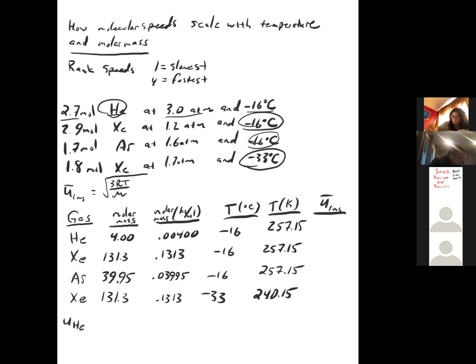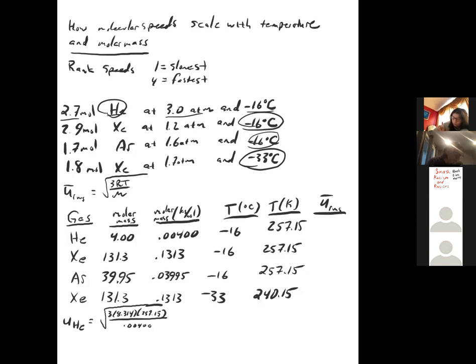There's only one time where we're doing helium. So that would be the square root of 3 times 8.314 times 257.15 over 0.00400. Don't forget to take the square root.